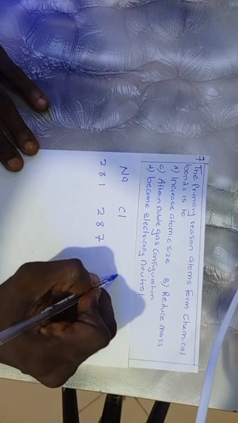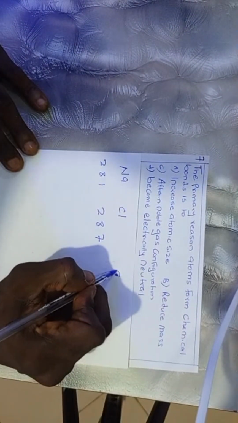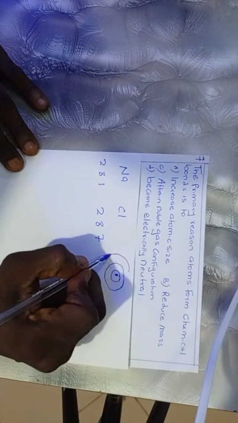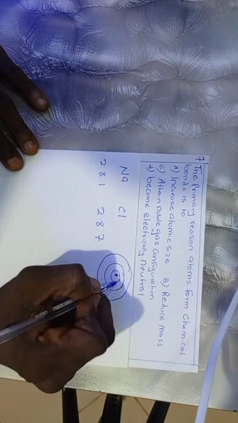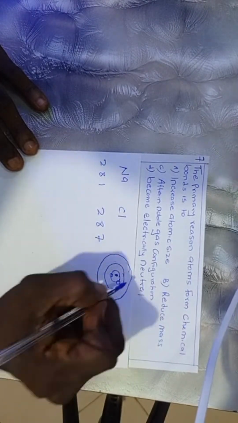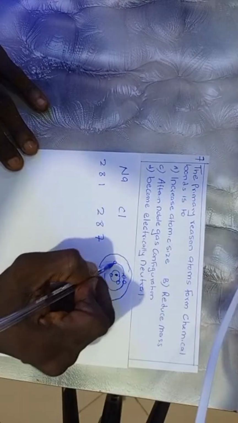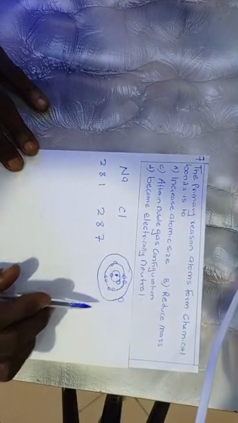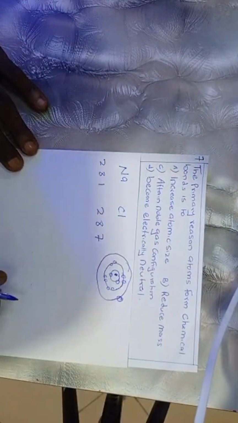You have a nucleus and you have these shells here. So you have 2 on the K shell, you have 8 electrons on the next shell, and you have just 1 electron on the outermost shell. So sodium has an electron in its outermost shell.